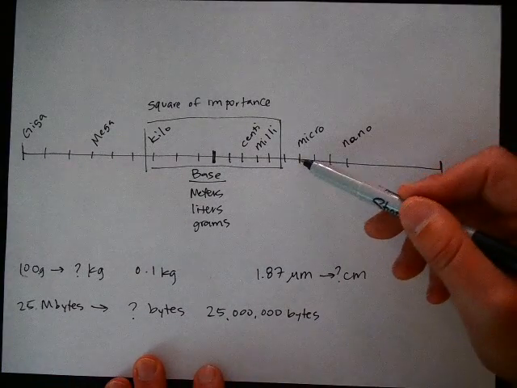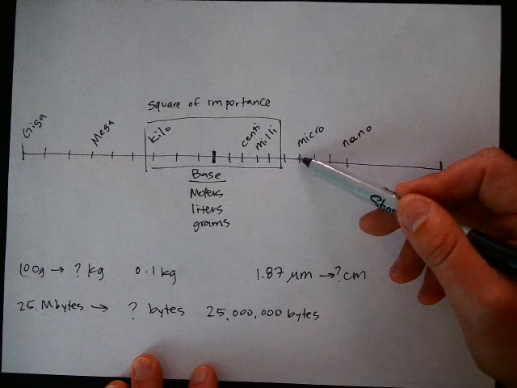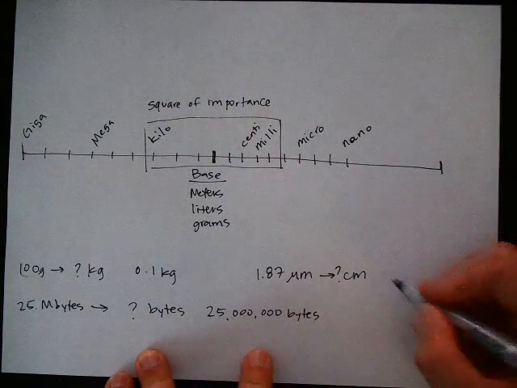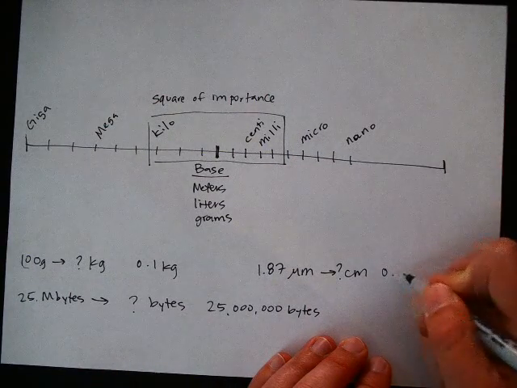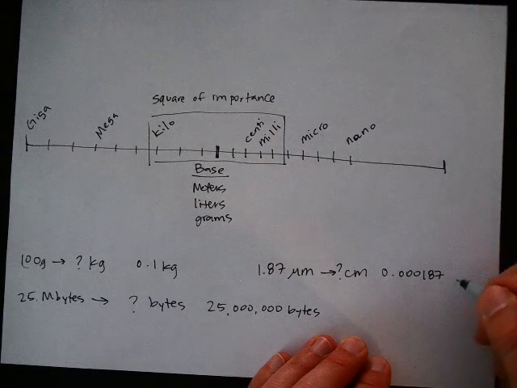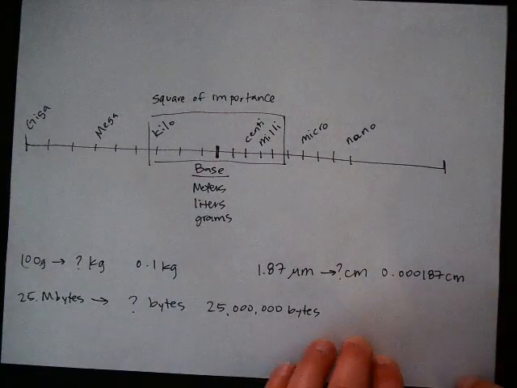You're starting at micro, you're right here. And I want to get to centi, which is 1, 2, 3, 4 spots to the left. So take your decimal point and move it 4 spots to the left. And you would get 0.000187 centimeters.